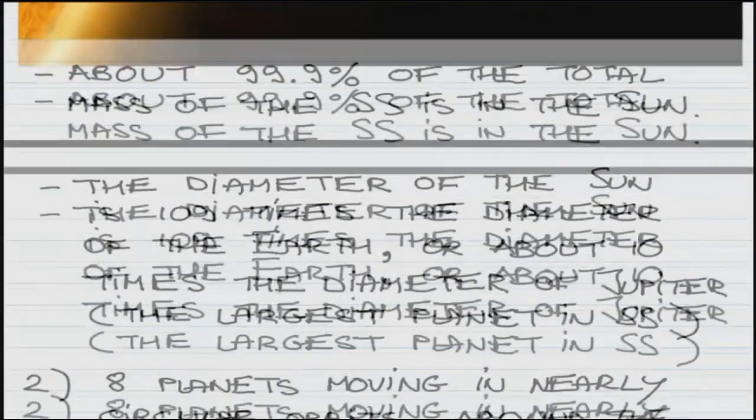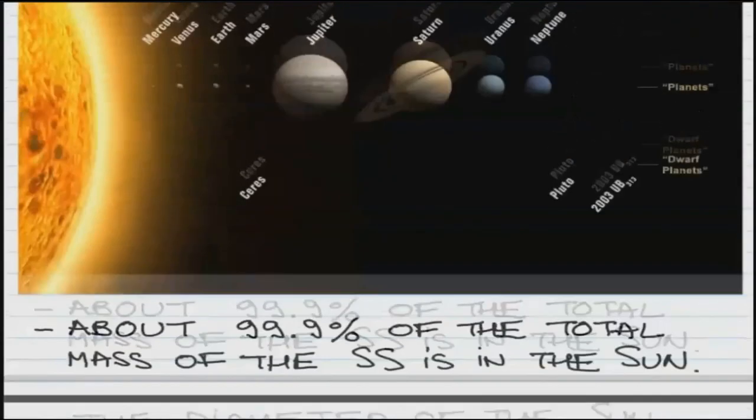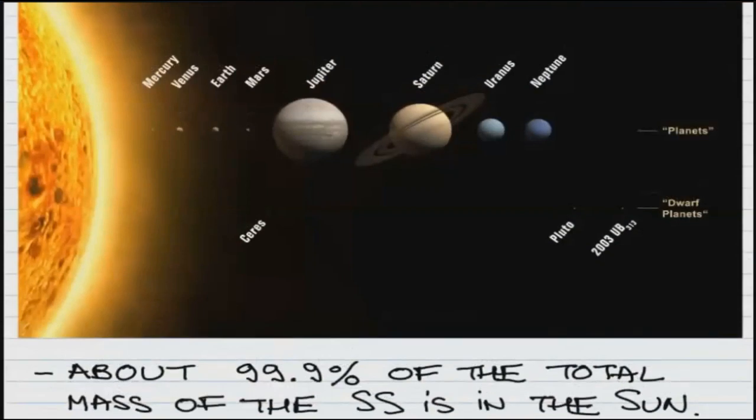Okay, here is Jupiter, clearly the largest of all planets, but nevertheless its diameter is 10 times smaller than the diameter of the Sun. So the Sun dominates not only in terms of its mass, but also its dimensions, its diameter.